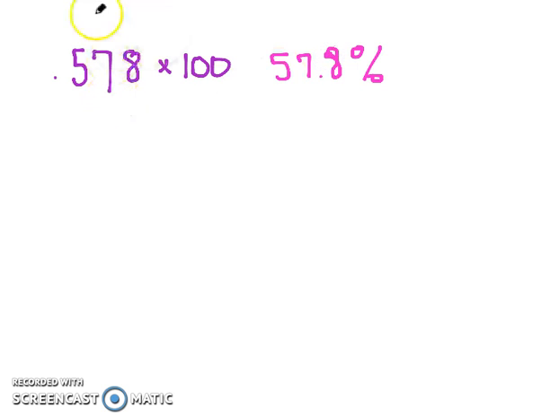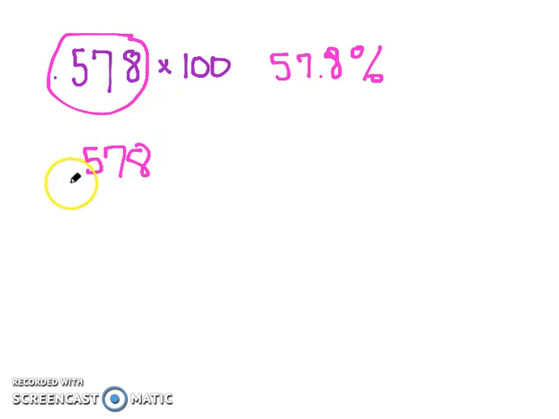So I'm going to write this decimal over 1,000 because this is 578 thousandths. So 578 over 1,000, because our furthest digit is in the thousandths place.